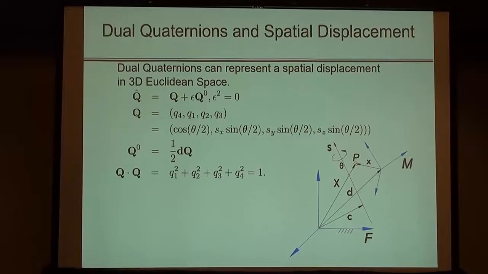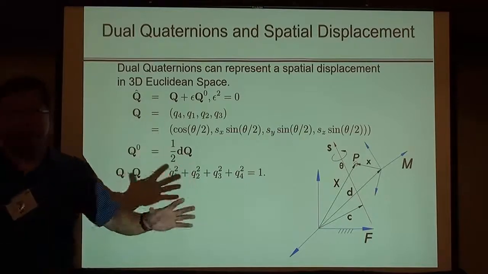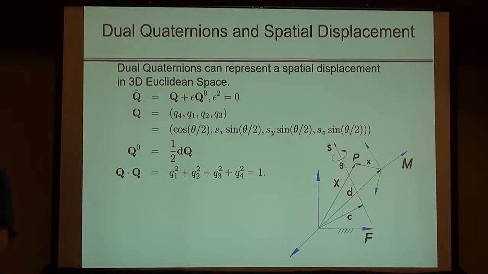How do we represent that? One way is, of course, that a rigid body displacement consists of a rotation and a translation, and rotation is represented by a quaternion, and translation by a vector. So you have Q and a vector, so you have 7 coordinates. That works and has a lot of applications too.